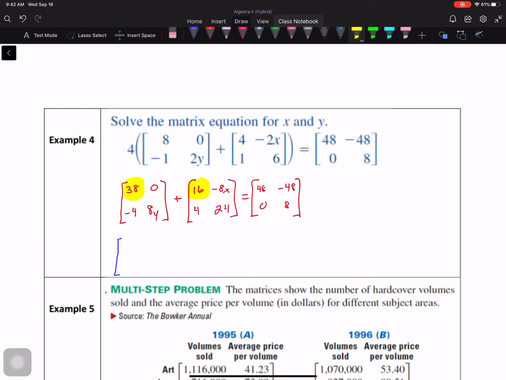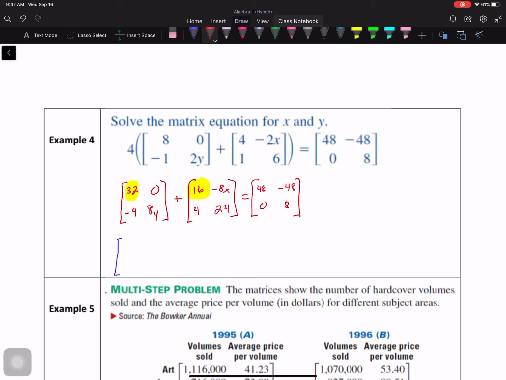38 plus 16 is, let's see. Why did I write 38? Oh boy. Let's fix that. Goodness. 32. And what do we have here? 0. There we go. That makes a little more sense.